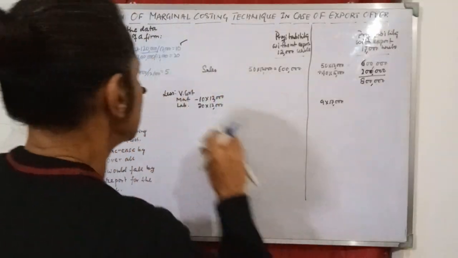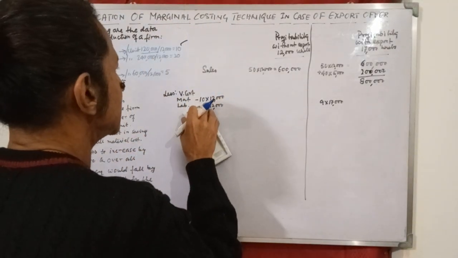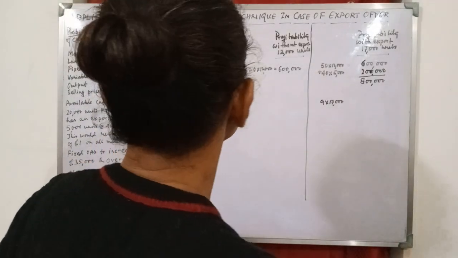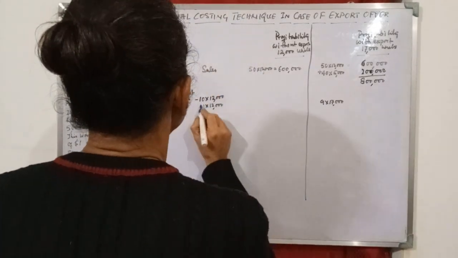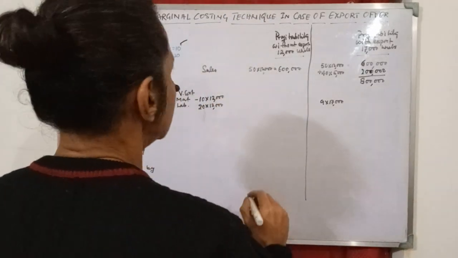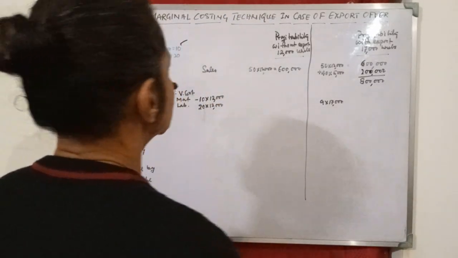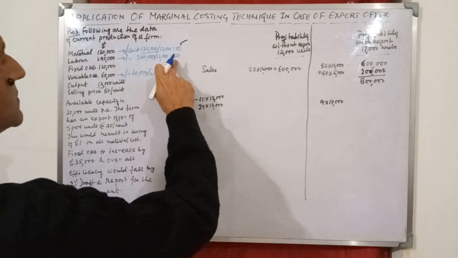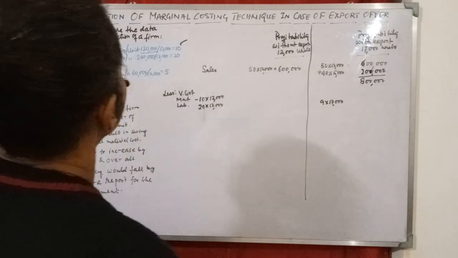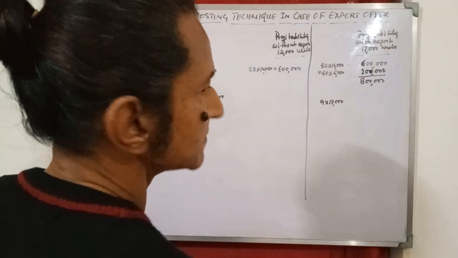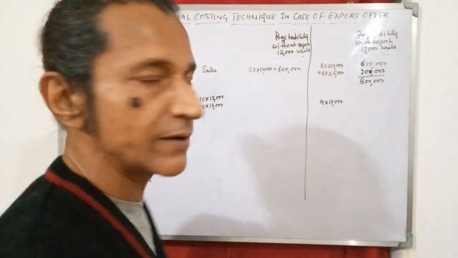I beg your pardon, there will be a deficiency in productivity, so labor cost would increase by 2%. Here labor cost would increase by 2%. So what is the labor cost? 20 per unit. So if there is a fall of 2%, then what will be the labor cost?